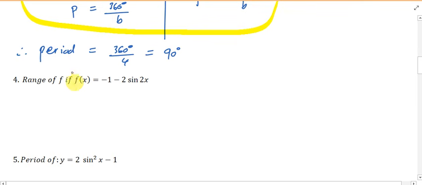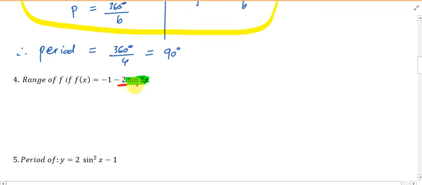The range of f, guys, the range of f of x equals minus 1 minus 2 sine 2x. Now remember, we can find the range of 2 sine 2x, right? Since this is the amplitude, the height of the graph is 2, then basically the sine graph will be wavy or oscillate between minus 2 and 2.